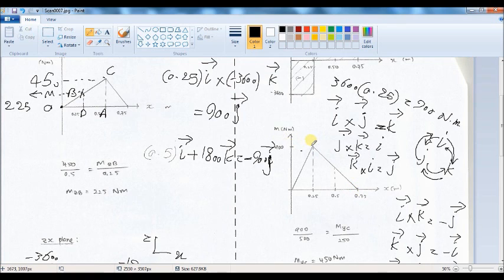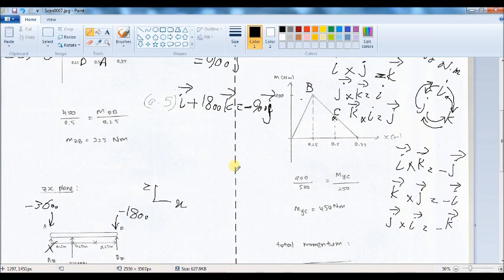Okay, here is point B and here is point C at this location. Again, similar to the previous plane, I have to find the moment at location C. And again, I need to use these two similar triangles, that means this big triangle and this small triangle.